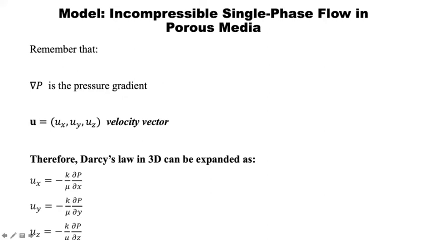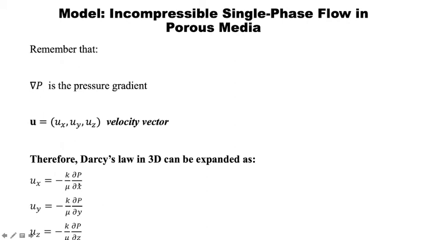That's why the gradient is also partial P by partial x. You know, partial means a derivative, but in the partial sense, because U and P now are functions of x, y, and z.